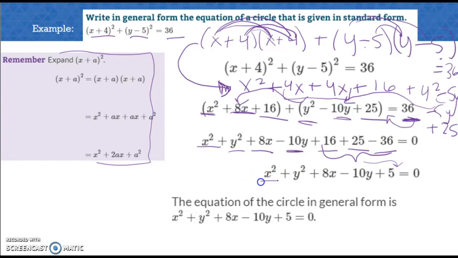Everything else stays the same. Don't get confused from here to here. Literally all we did was rearrange, regroup, and combine the numbers. And that is the equation of the circle in its general form: x squared plus y squared plus 8x minus 10y plus 5 is equal to 0.